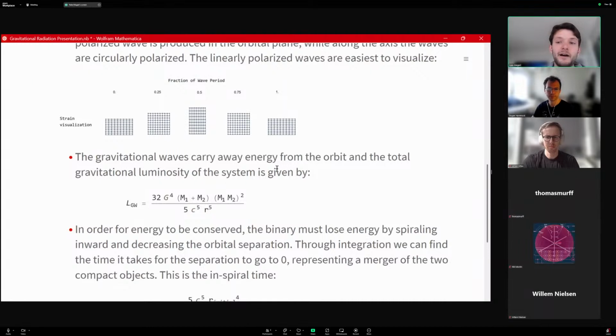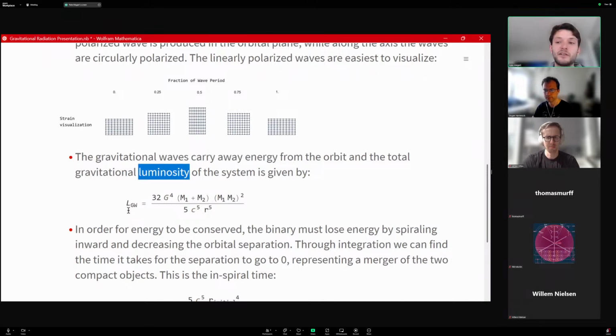Right. And then using the field equations as well, you can consider the effective contribution of these waves to the stress energy tensor. And that gives you an expression for the luminosity.